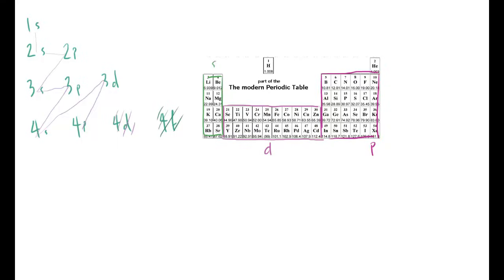If you start thinking about what's going to happen when I'm adding these electrons, well, we start up here. This is going to be our 1s, the first 1s electron, and this is going to be the second 1s. We're then into this section here, adding the 2s, and then we're into the 2p, 3s, 3p. Now we're into the 4s, but then it drops into a 3d, which is a new one, followed by the 4p.